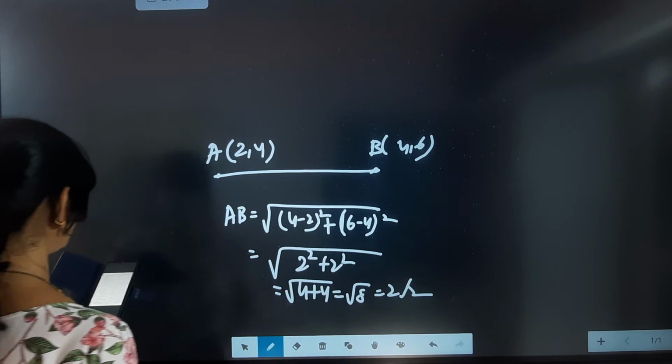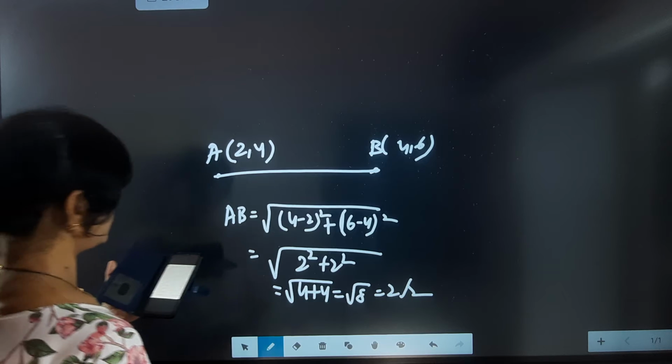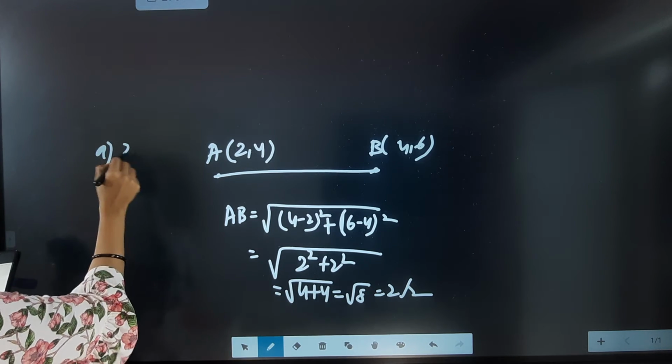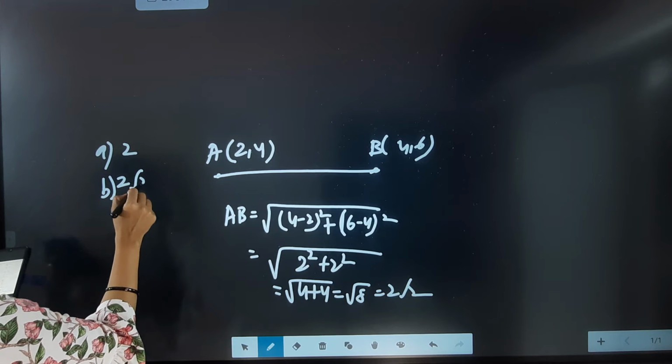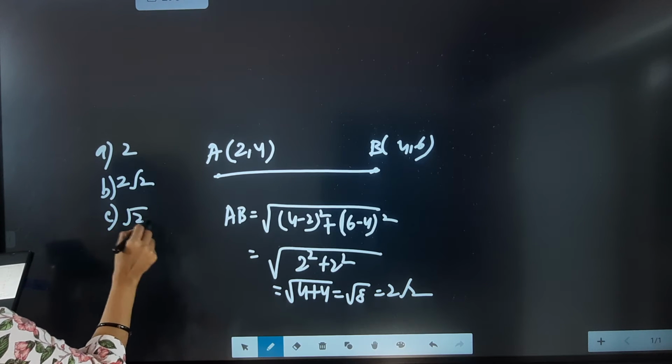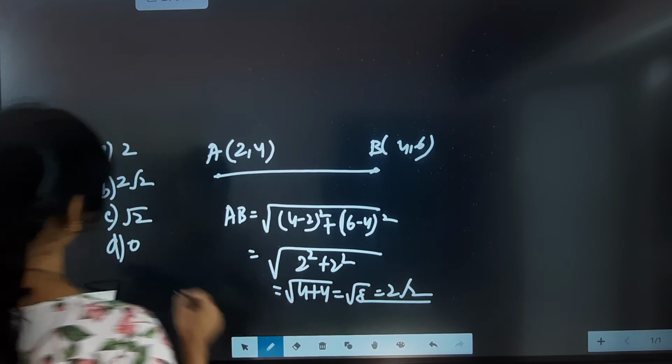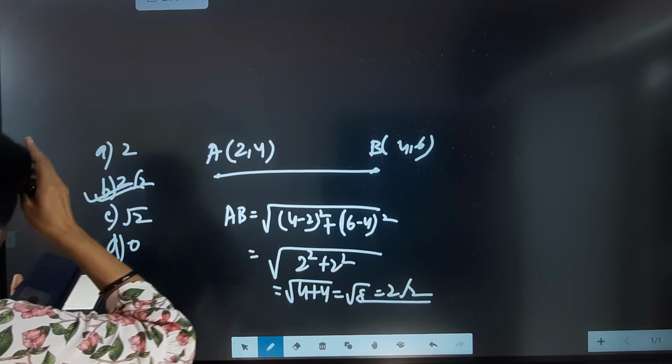It is coming as 2 root 2. The options given to you were 2, 2 root 2, root 2, 0. We already got 2 root 2. So the answer is coming as 2 root 2.